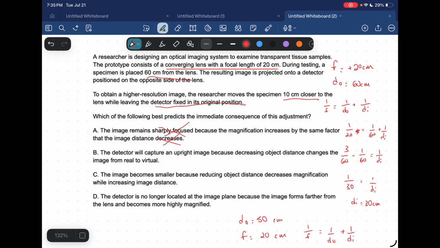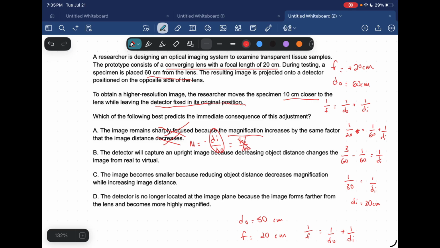But let's look at magnification, because this is where it gets interesting. Hopefully you remember the formula for magnification equals negative di over do, or even hi over ho, which refers to the height of the image and height of the object. But to be honest, this is hardly used, and this is by far the more common magnification formula.